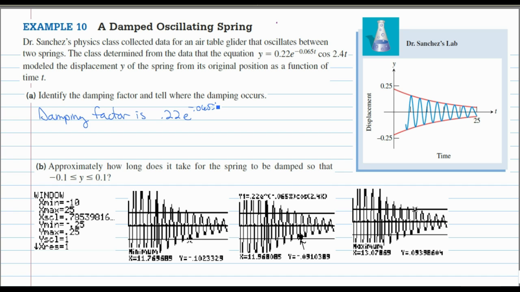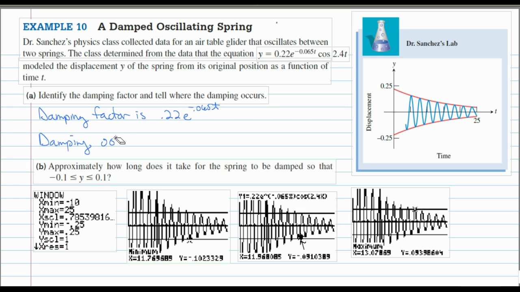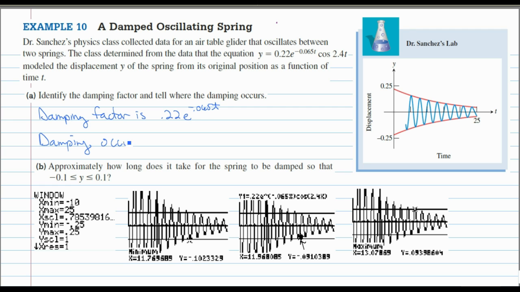Now I know that that is exponential decay, so I am going to guess that the oscillation is going to happen as x approaches positive infinity. And from the image you can see the damped oscillation. Damping occurs as x approaches infinity.